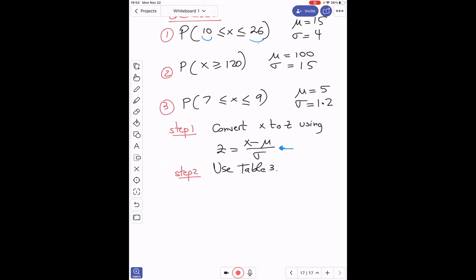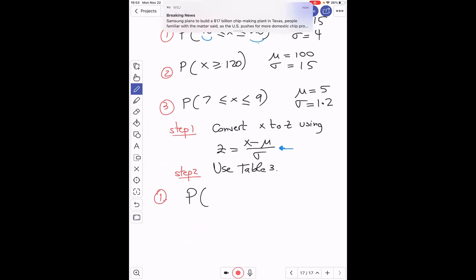So for number 1, as I said, first step, you convert your x to z. So we have the probability that x is between 10 and 26, right?